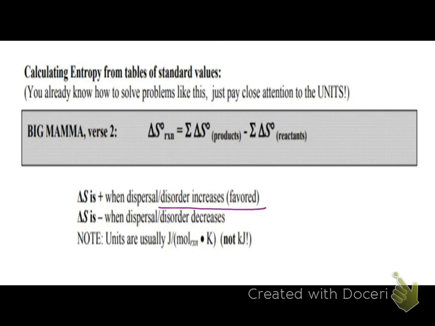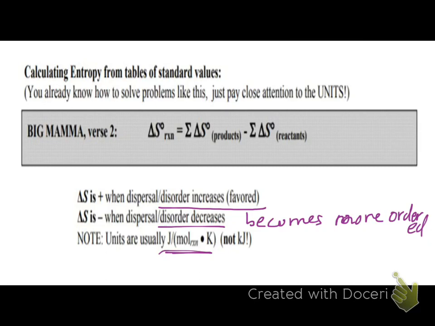And when delta S is negative, disorder decreases or becomes more ordered. Order is just a lack of disorder, but sometimes people get that backwards in their brain. And our units are joules, not kilojoules, so we need to be mindful of that.